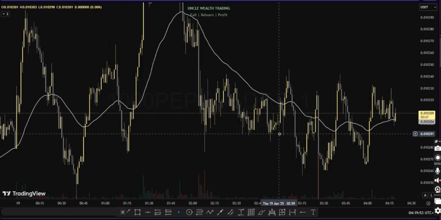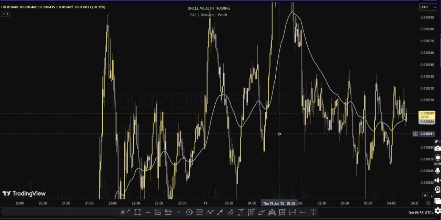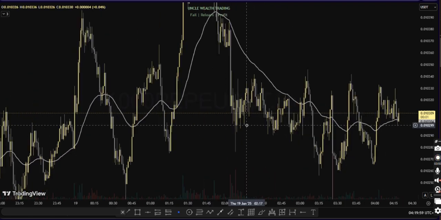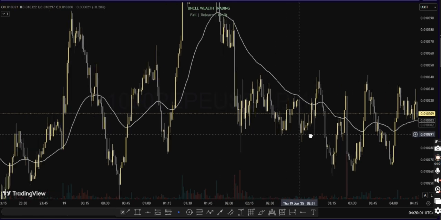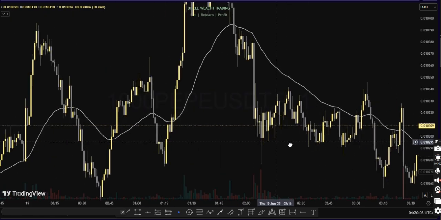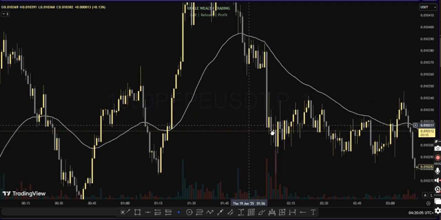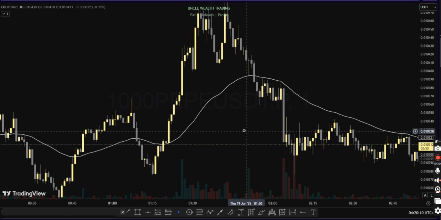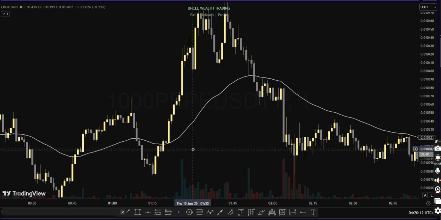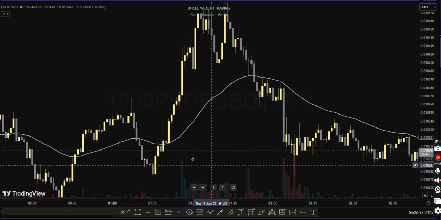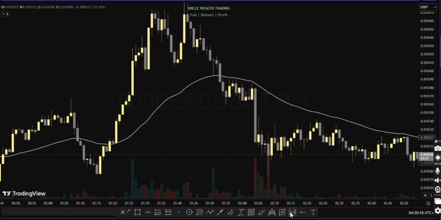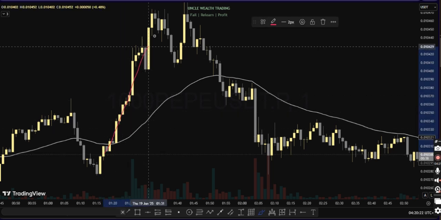Now you need to ask yourself, how do we identify strong trends on the chart using the EMA 50? Well, I'm going to show you. For strong trends, this is what you're going to notice. You're going to notice that the EMA 50 is going to move away from the candlesticks. So let's look at this. These were the candlesticks patterns. They're moving here.